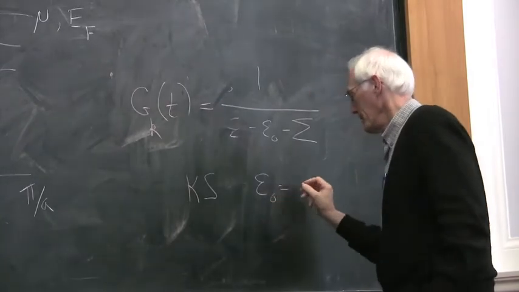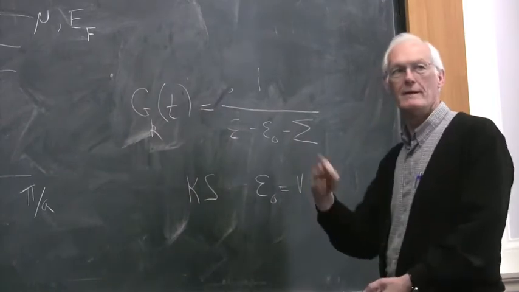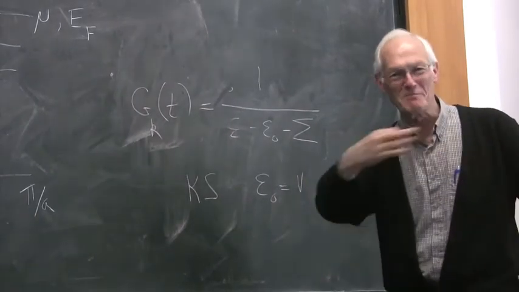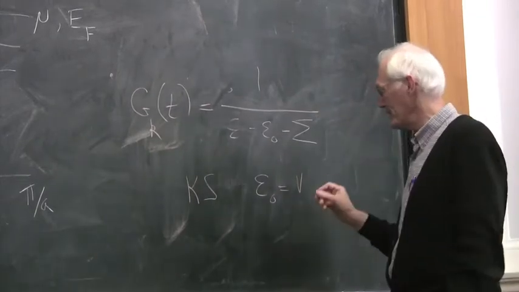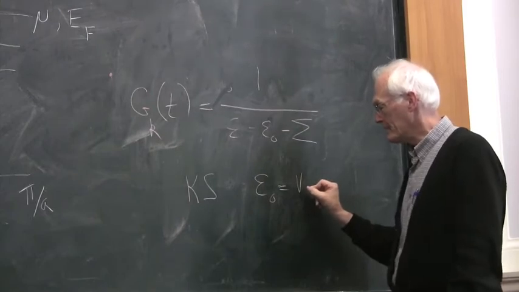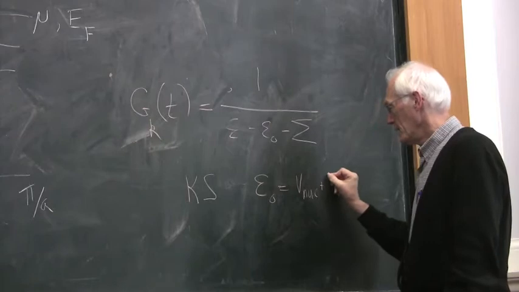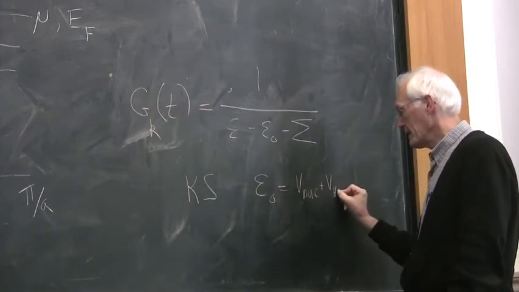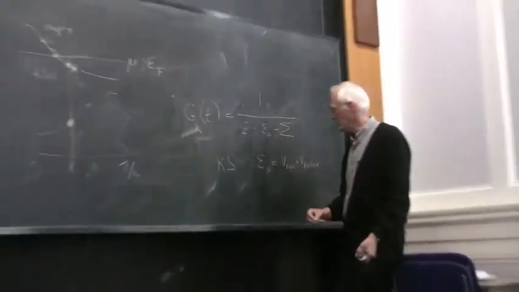Epsilon 0 is essentially the potential, the one-body picture, the potential you diagonalize as a matrix. And it's determined by the potential. This would be like the unit matrix plus the average electron potential, the average Coulomb potential.